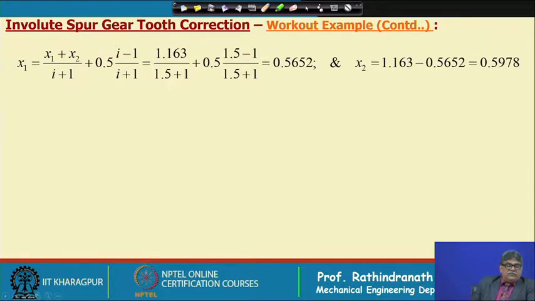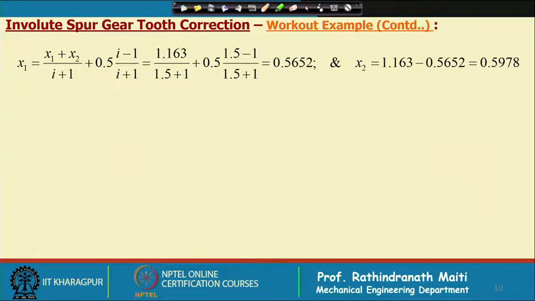Now, in that formula we have written, of course, it is not shown in the table, but we need to follow this formula here.